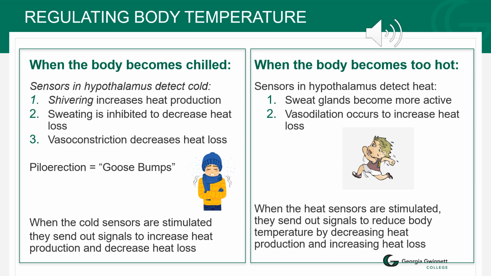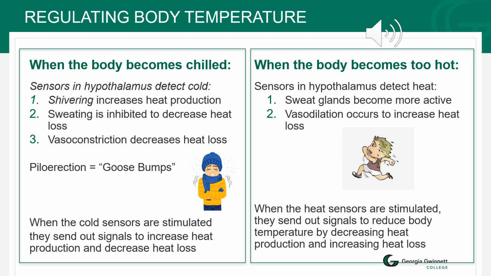So this is really the meat of the physiology of thermoregulation. When the sensors in the hypothalamus detect cold, like when the body becomes chilled, they are stimulated and send out signals to increase heat production and decrease heat loss. Therefore, you're going to see the patient shivering, which will increase heat production and make the body warmer.